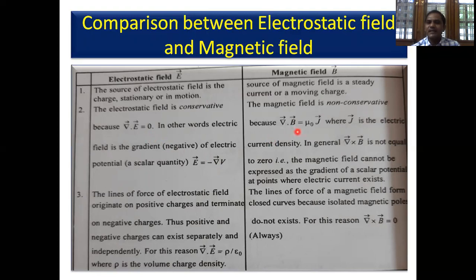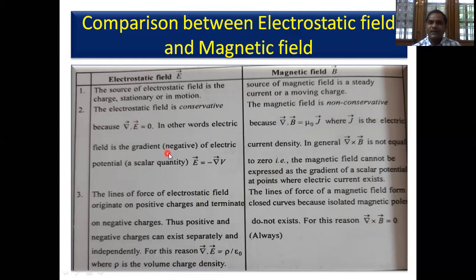But whereas in the case of magnetic field, it is non-conservative. Since the electrostatic field is conservative, what we are writing here is not del bar dot E bar, sorry, correction: del bar cross E bar equals 0. Then E bar is called a irrotational vector, and E bar is said to be a conservative field.